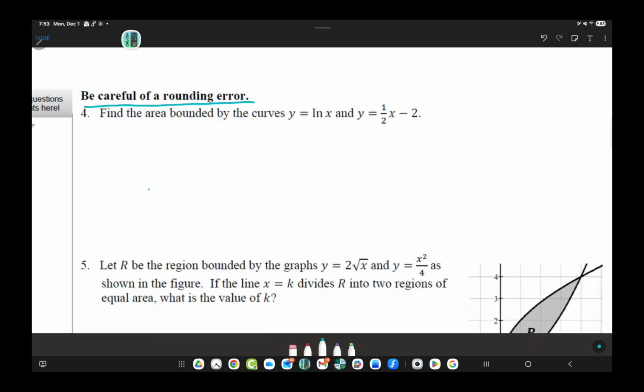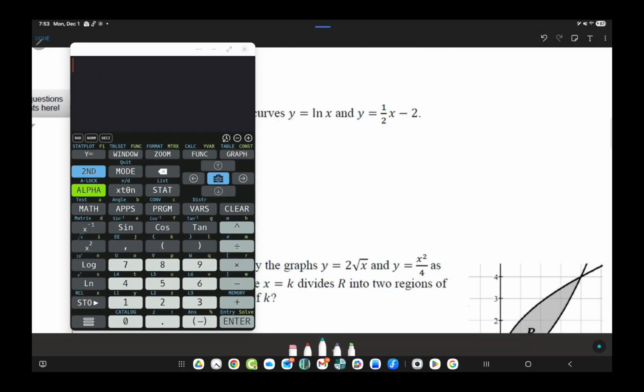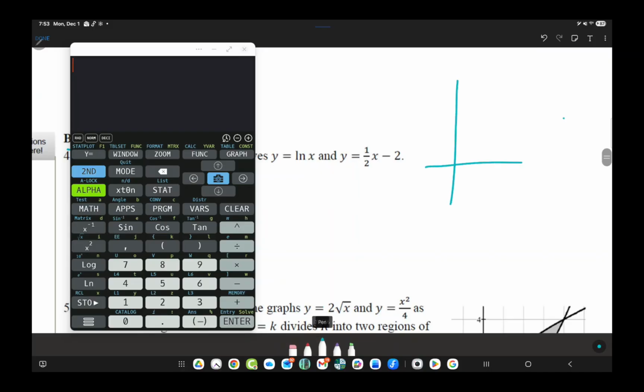Again, we don't have the graph, but we can graph these. Natural log of x is real fun. We do know what the natural log of x looks like. It looks something like this, where we know at 1 it is 0.